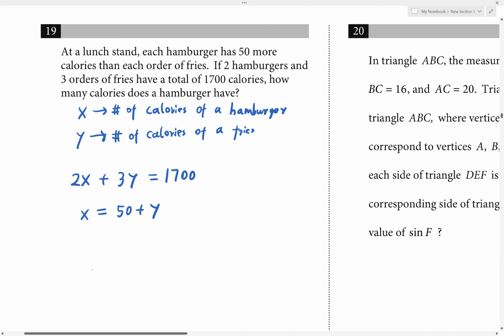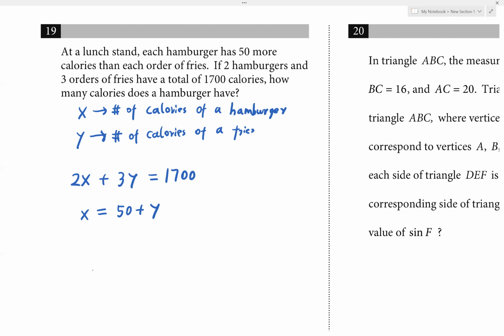All right. To solve the system of equations, we can do either substitution or elimination. But for this question, I think it's better to do substitution since we already have the second equation as x equals 50 plus y, so I already have x by itself.